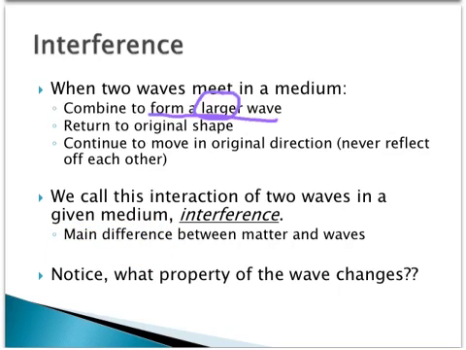It is a property specific to all waves, and it is the main difference between matter and waves. Matter cannot interfere with each other. Waves can. Interference is basically adding and resulting in a larger wave. Matter cannot do that. Waves can. This is the primary, distinct property that separates waves and matter.